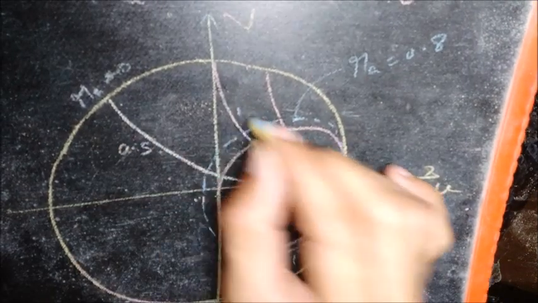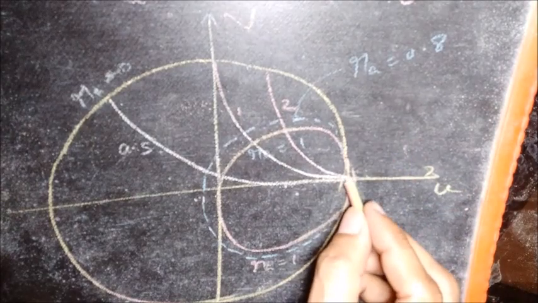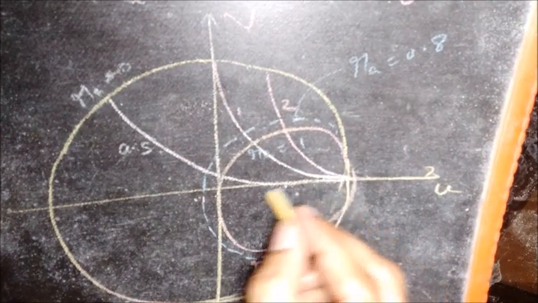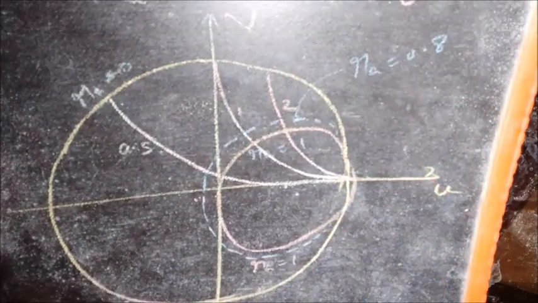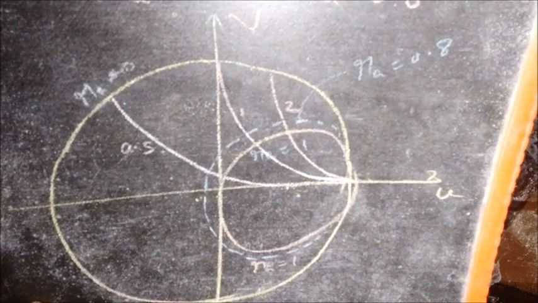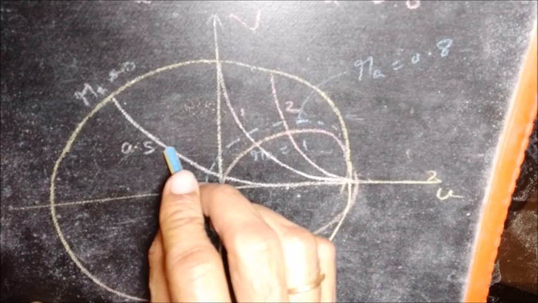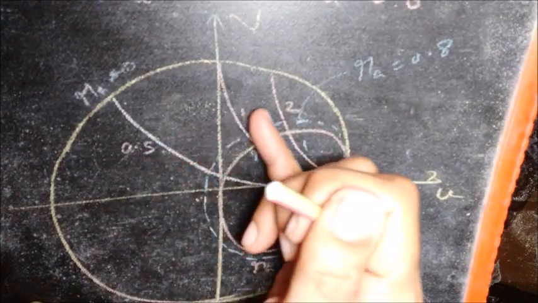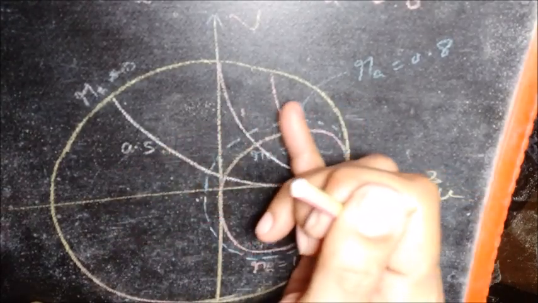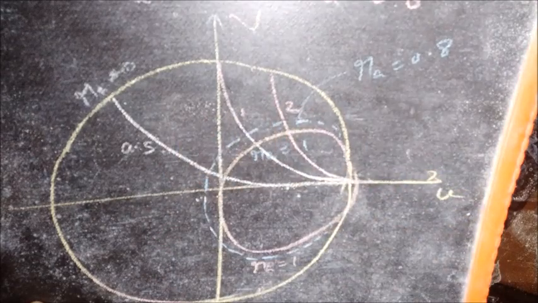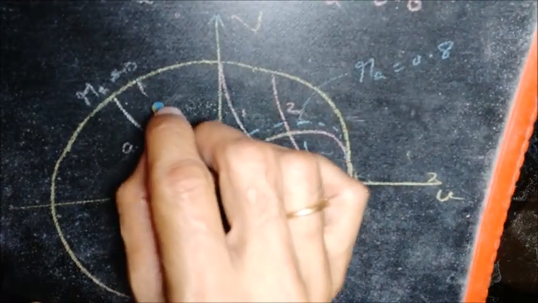Similarly, minus 2, minus 1, minus 0.5. Now in our case, XA is 0.6. As XA increases, the curves move in this direction. So XA equal to 0.6 will be somewhere here.